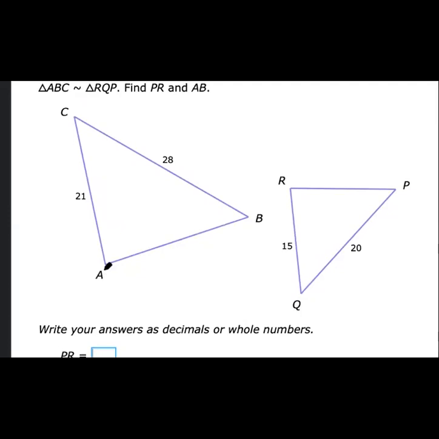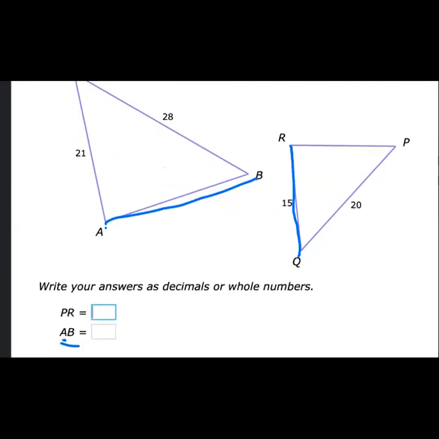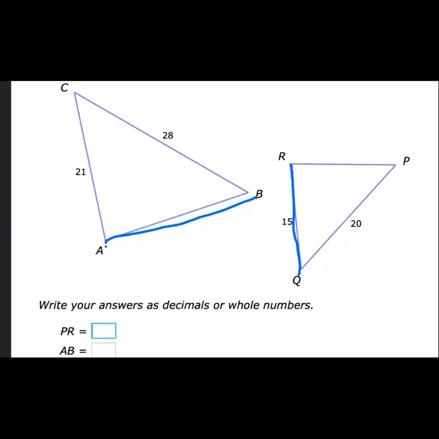ABC, AB, and RQ. Okay. So AB is what we're looking for right there. Let me expand this out so you can see a little more.